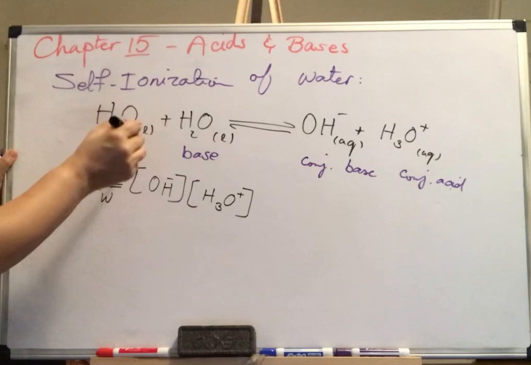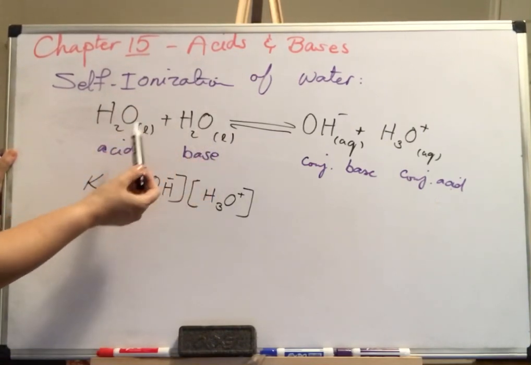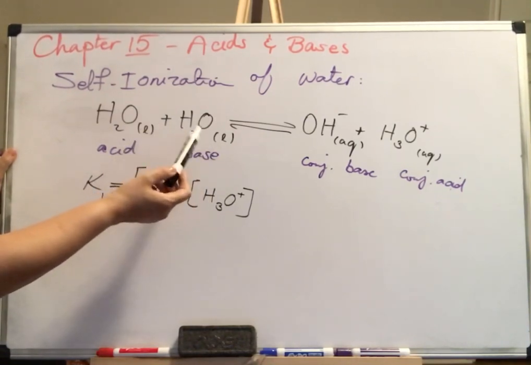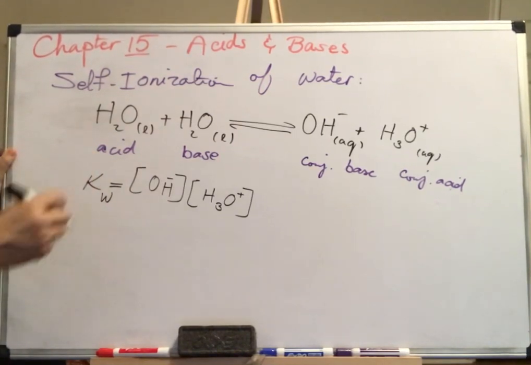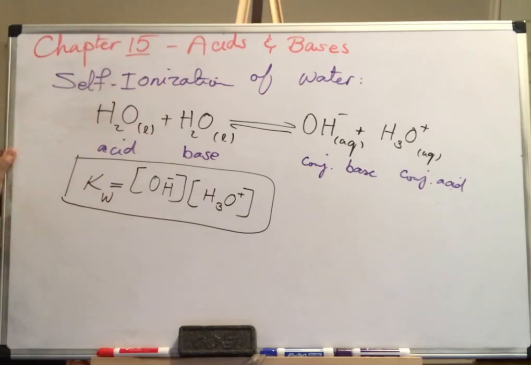And we said we do not write the concentration of the reactants and products if they are in the liquid or solid form. So because these are in the liquid form, we won't write it. So Kw is the molar concentration of H times OH.